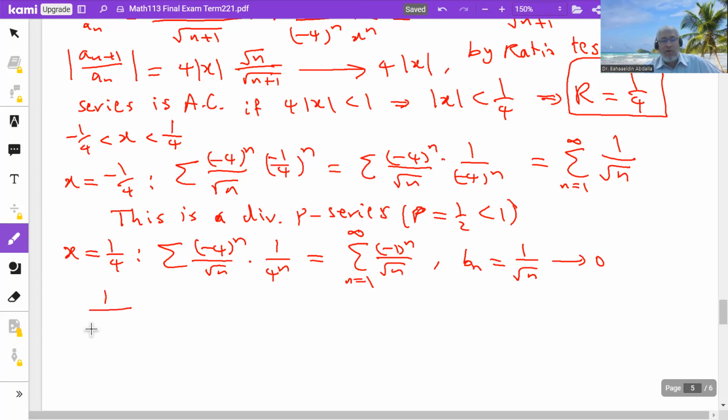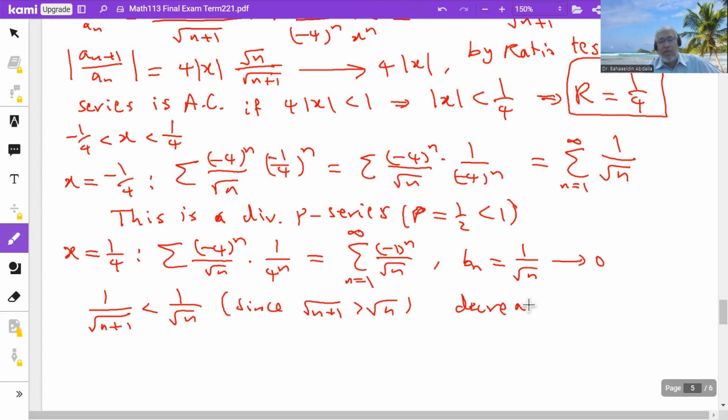And 1 over square root of n plus 1 is less than 1 over square root of n, because square root of n plus 1 is greater than square root of n. So b_n is decreasing. So the two conditions for the alternating series are met. Then by the alternating series test, this series is convergent.